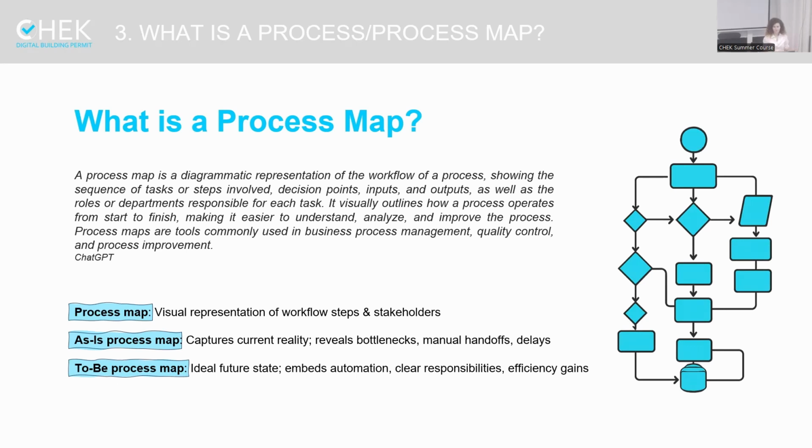So how the municipalities are operating right now with their building permit process. The to-be process map is how our vision is for this process to be. So this is what we did, and we tested, and then we implemented also in a tool.